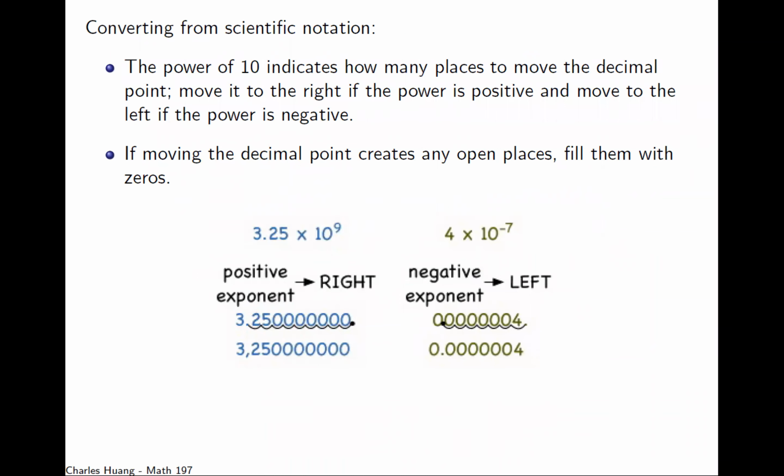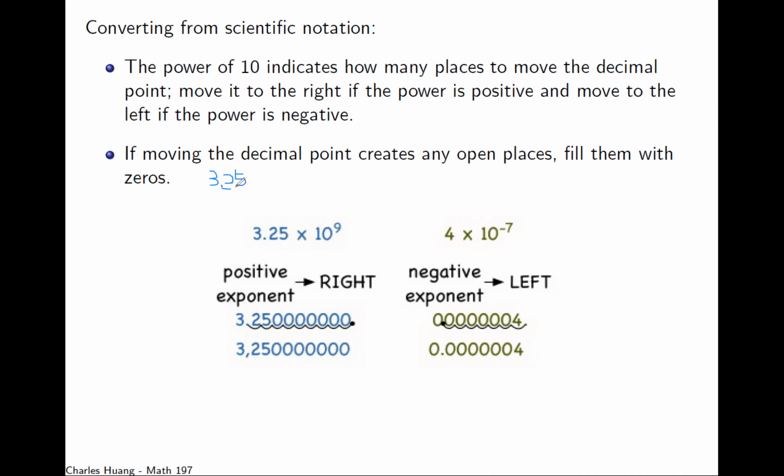Now, when we go backwards, we do the same thing as before, only this time we will try to fill the empty spaces with zeros. So you notice if I start with 3.25 times 10 to the 9 over here, if I need to change it back into the decimal form, I will take my 3.25.